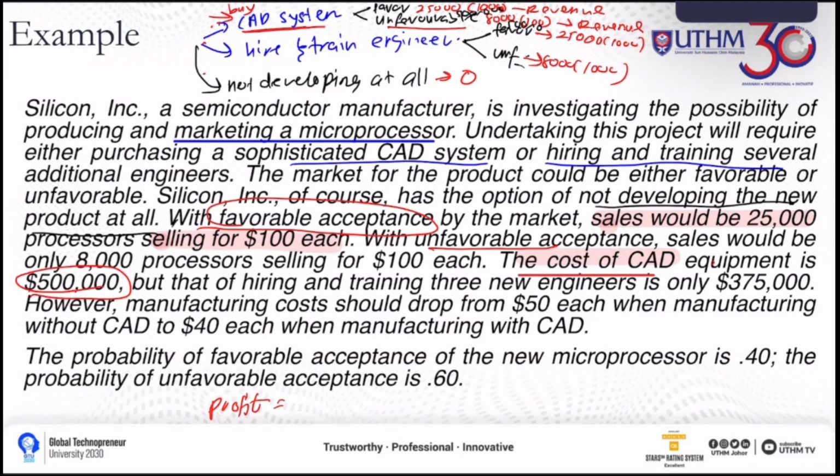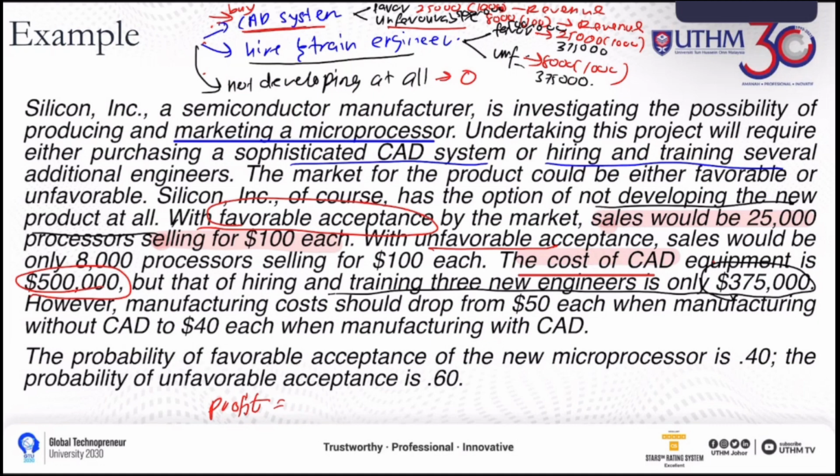And also under unfavorable, we also buy the system, so we still have the cost. And then what else? The hiring and training costs only 375,000. So under hire and train, the cost of hiring is 375,000. Same goes for unfavorable.